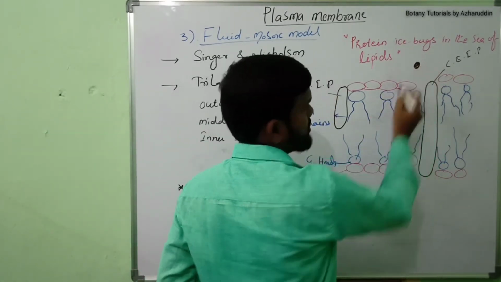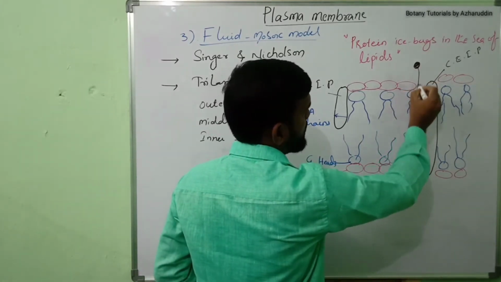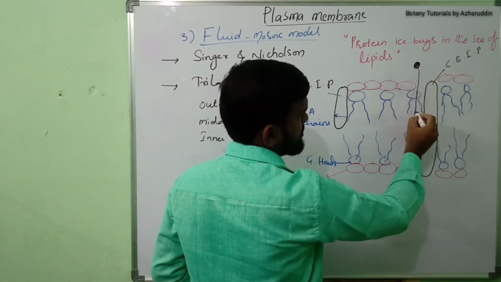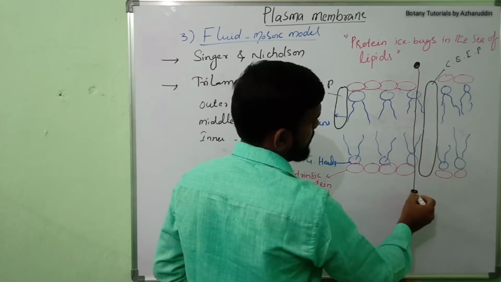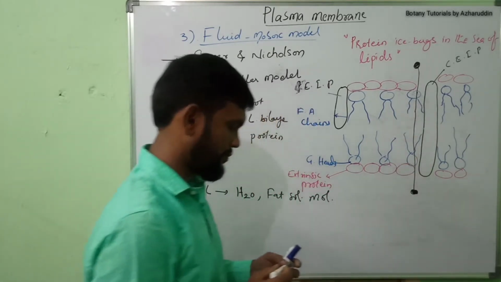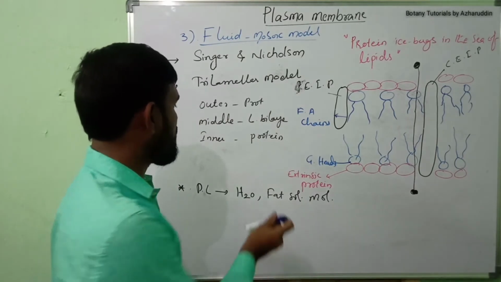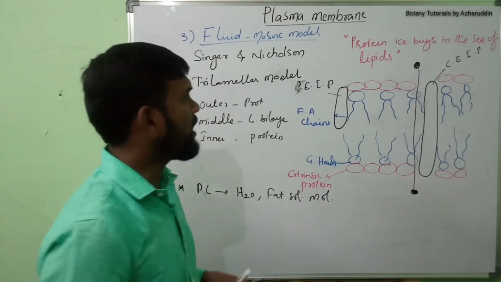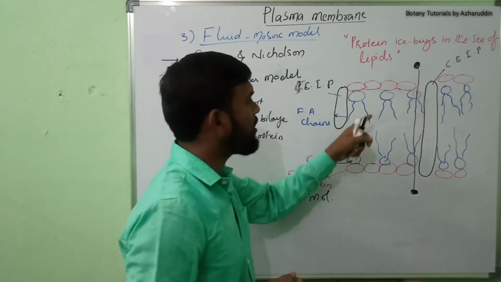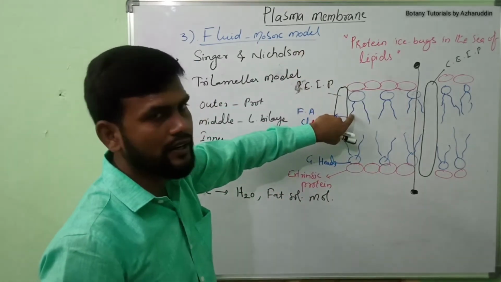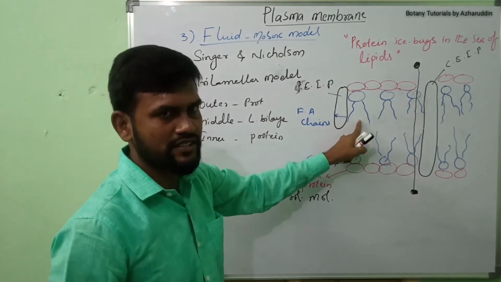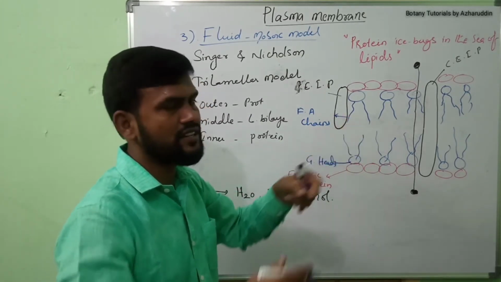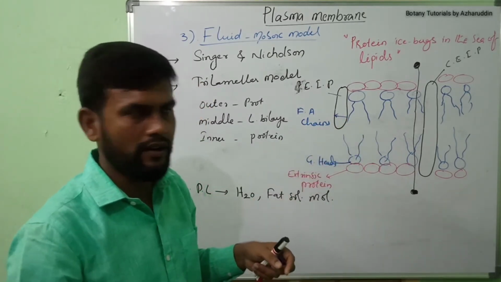Generally, fat molecules are allowed by proteins and phospholipids, and the fatty acid chains let them cross the plasma membrane. Next, coming to water. Entry of water is hindered by fatty acid chains. Generally, these fatty acid chains will not allow the entry of water.